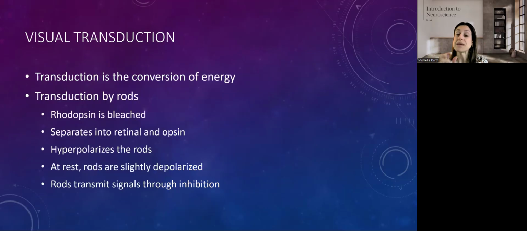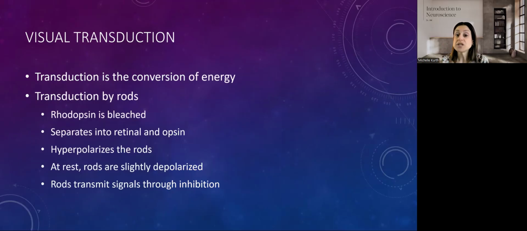There is a pink substance in the rods called rhodopsin, and light is absorbed by rhodopsin and essentially bleaches it, meaning it removes its color. This bleaching occurs because retinol and opsin, the two components of rhodopsin, separate in light. The bleaching reaction actually hyperpolarizes the rods.